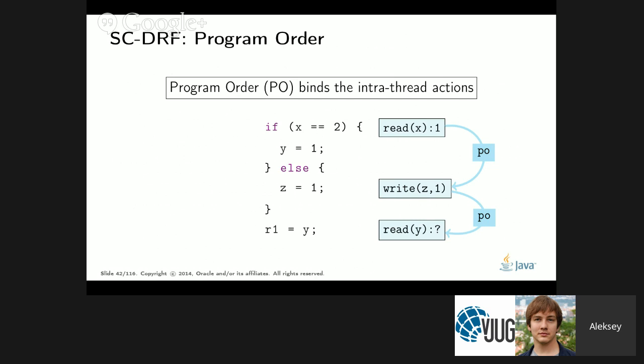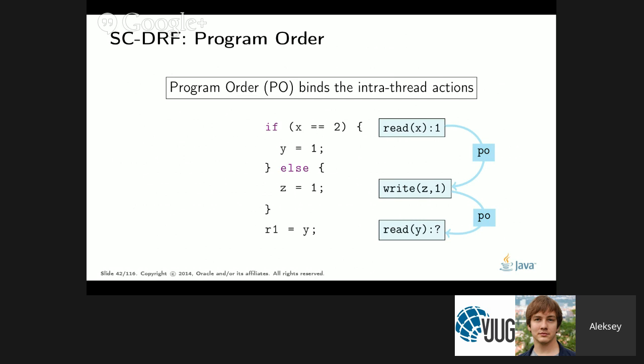So we can try to reason, if we have the execution on the right, which contains 3 actions: read 1 from x, write 1 to z, and read something from y, can this execution be used to reason about the behavior of this program?